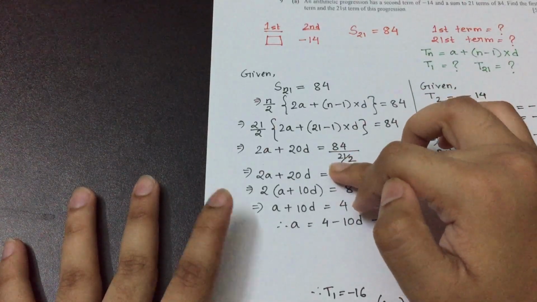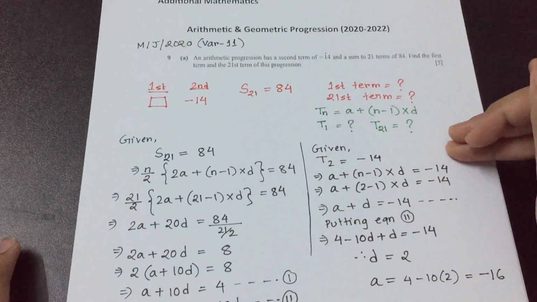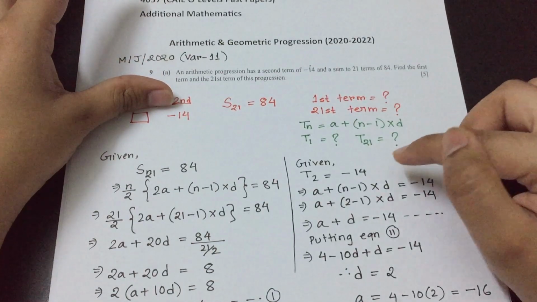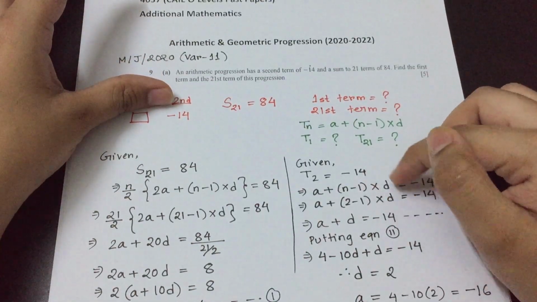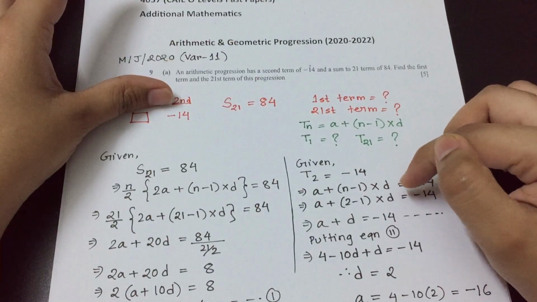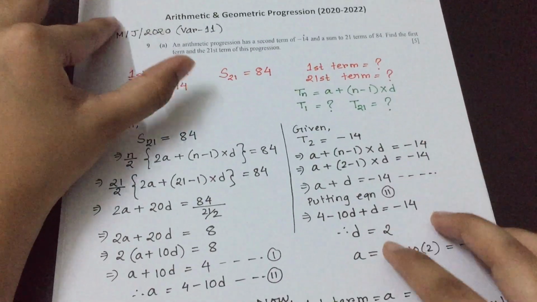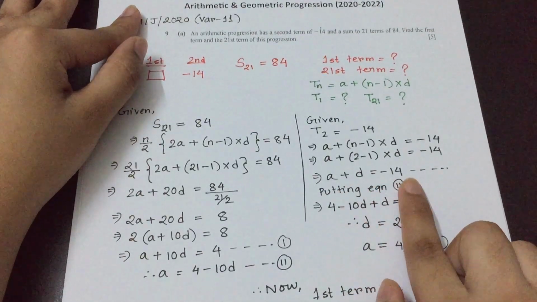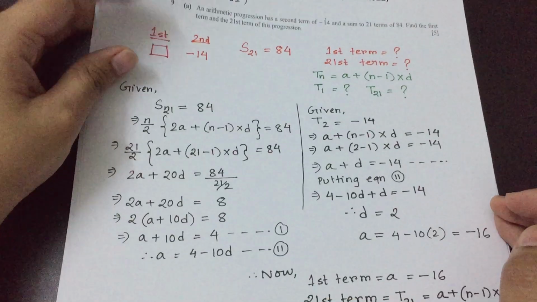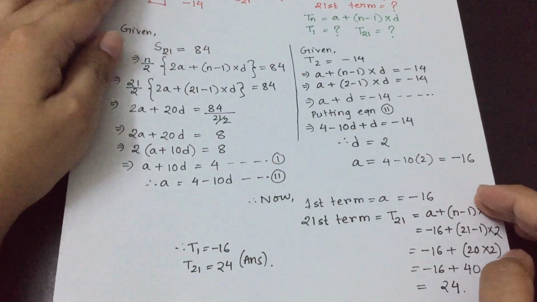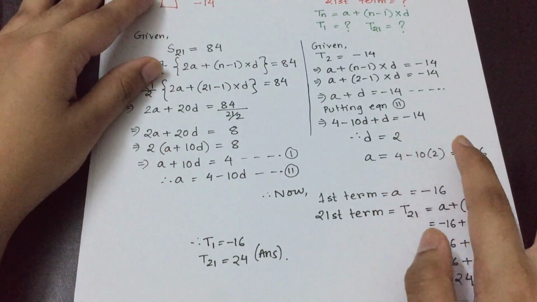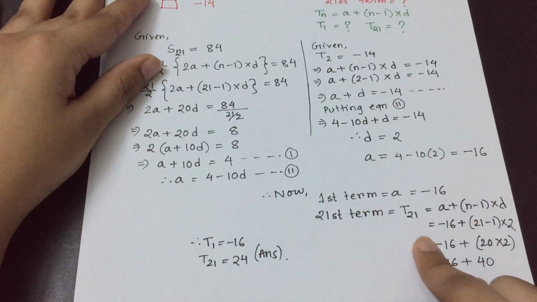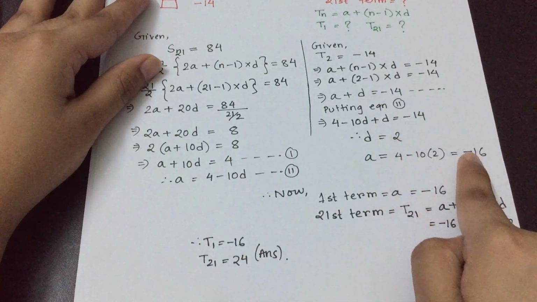And then using the second piece of information, the second term, which is -14, where n is 2, you can use the formula a plus n minus 1 into d, and you have another equation, which is a plus d equals -14. Then you simultaneously solve them and you get the values of a and d, and using these two values you can easily find the 21st term, and the first term is obviously -16.